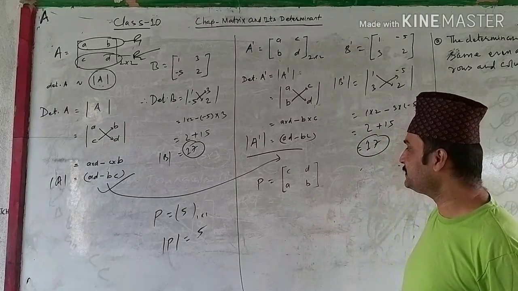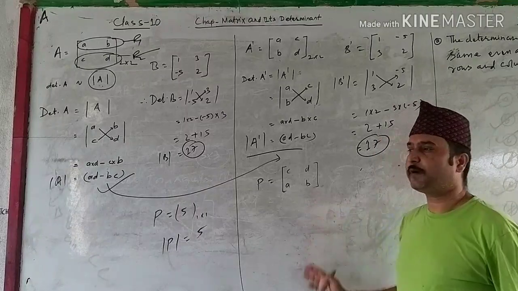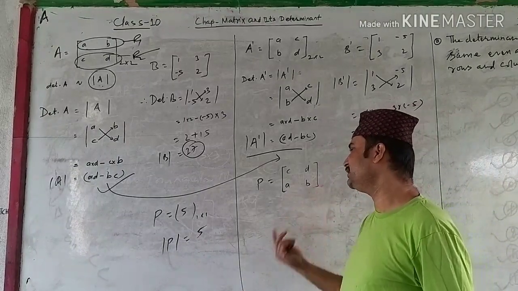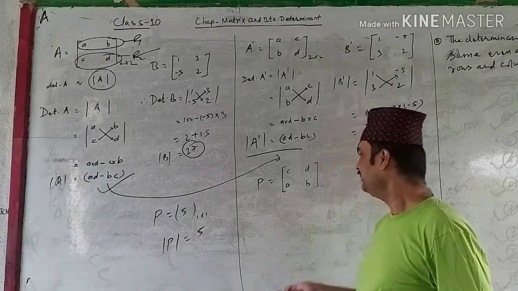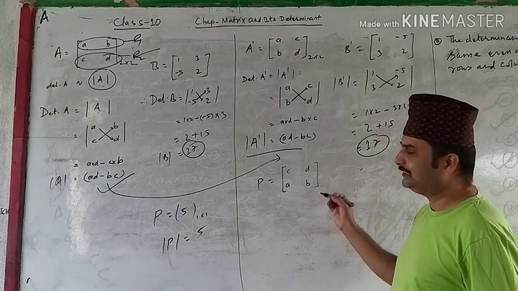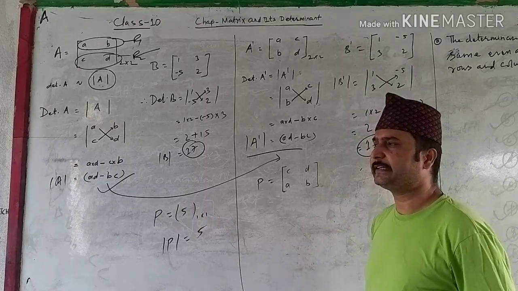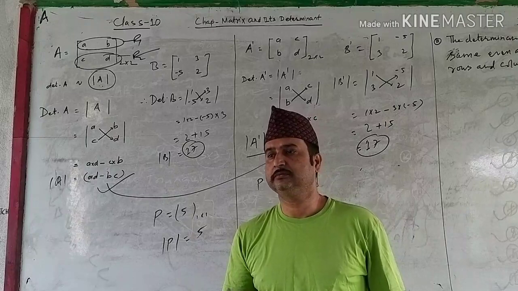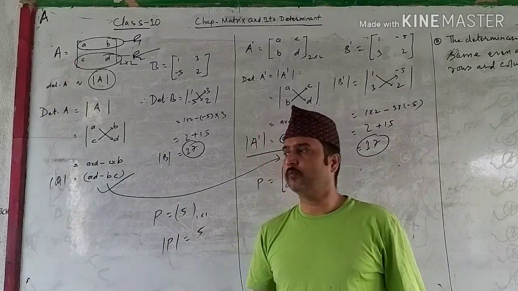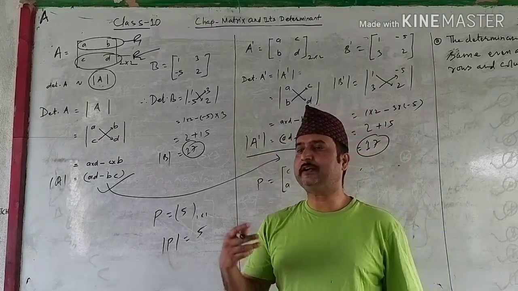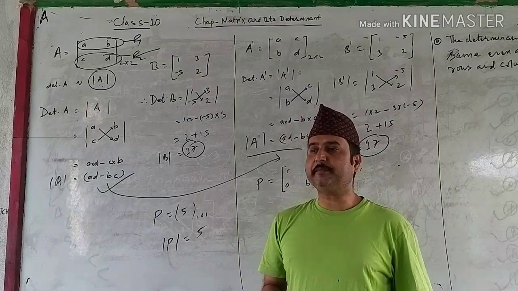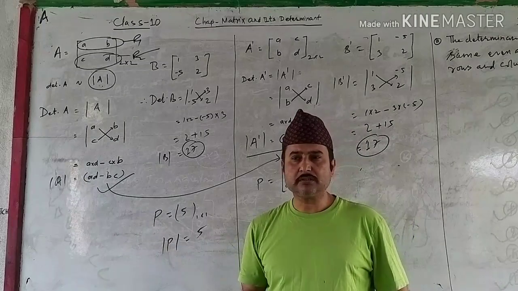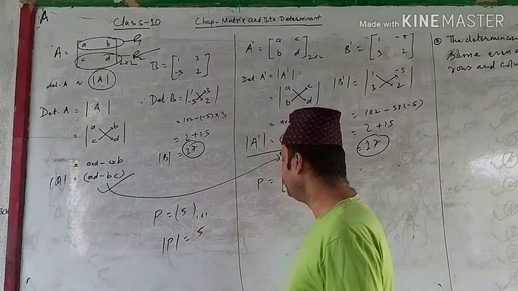This is 2 by 2, so there is no need to elaborate over here. For a square matrix of more than 2 by 2 order, to find the determinant we will do expansion either in row terms or in column terms. That we will read later on.